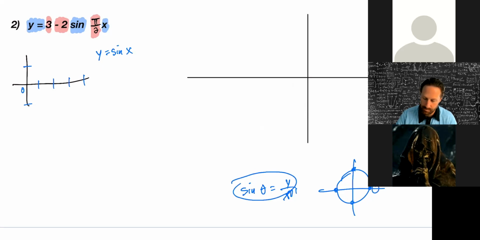Then it goes up to 1, then it goes back to 0, and then down to -1, and back to 0. We're looking at the y values in this ordered pair, which is why I'm only writing those.